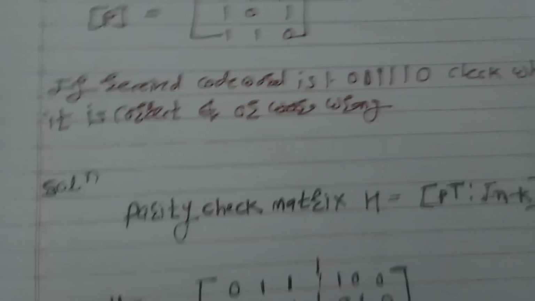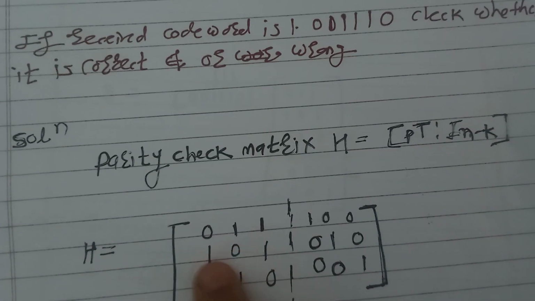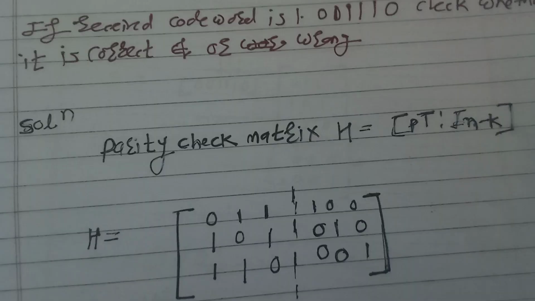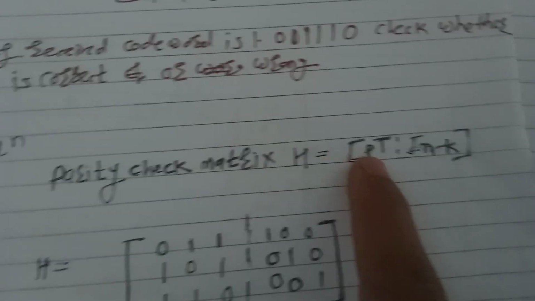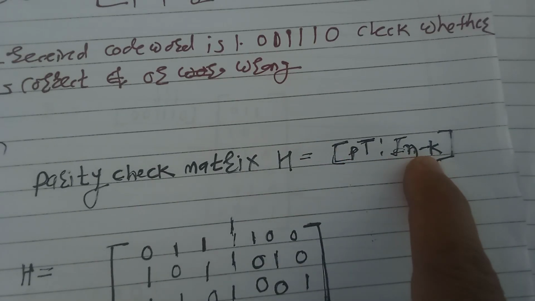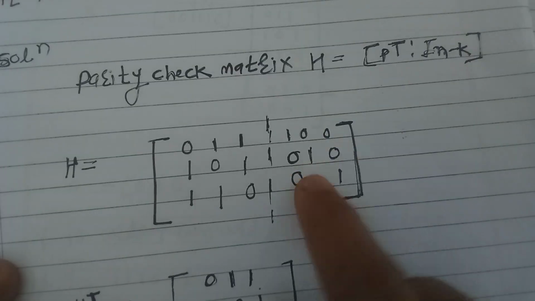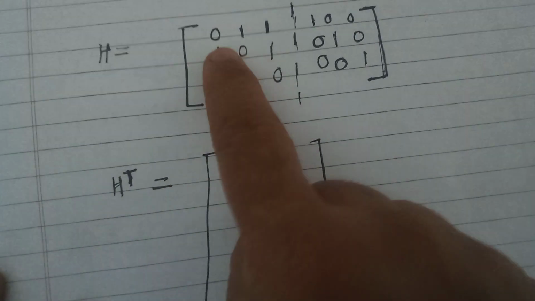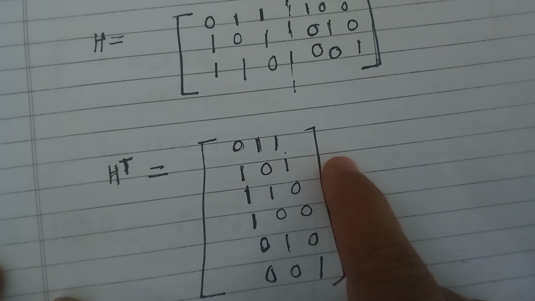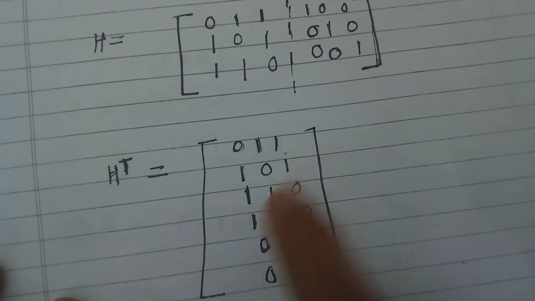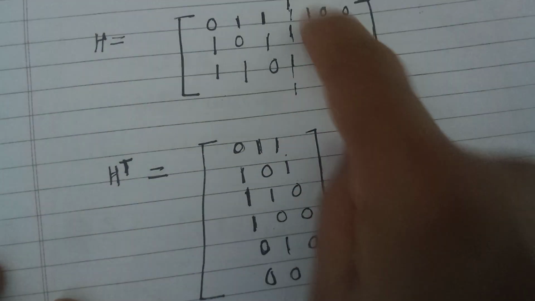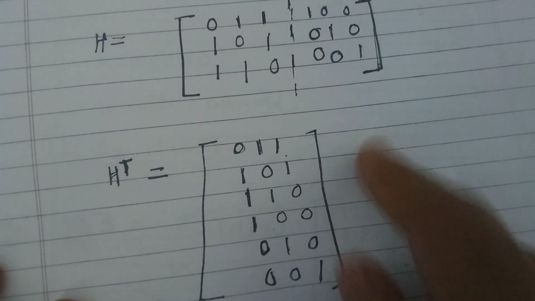P^T is 011, 101, 110. I_(n-k) is 6 minus 3, so an identity matrix of dimension 3 by 3. After that H^T is 011, 101, 110, 100, 010, 001. H^T is the transpose of H.